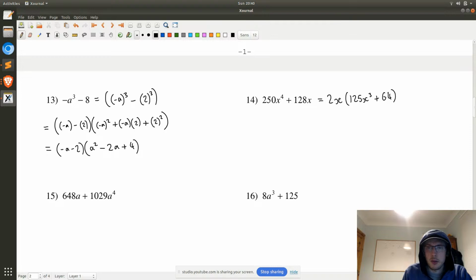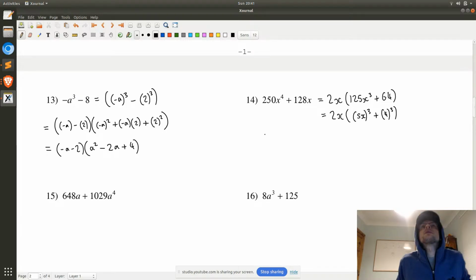And that is the cube of 5x. And that is the cube of 4. And what is the pattern for the sum of two cubes? Let's say x cubed add y cubed.